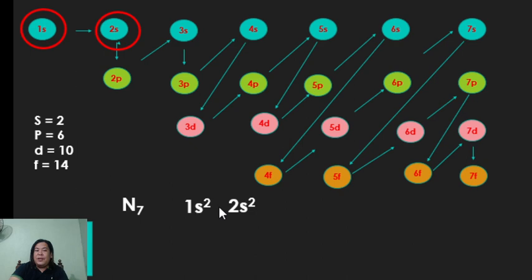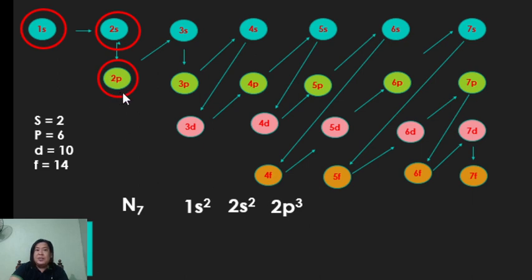We need 7. 2 plus 2 is 4. So continue straight on. As long as you haven't reached 7, keep distributing electrons. And then next is 2p. What we need now, 2 plus 2 is 4, so to make it 7, you only need 3 electrons to be added.